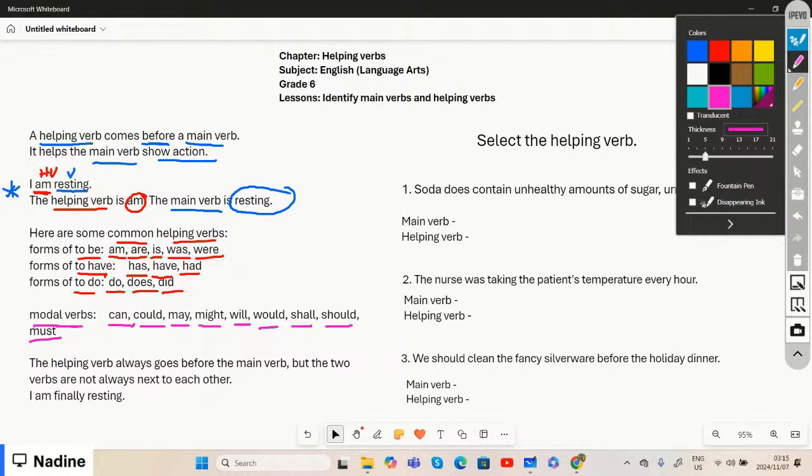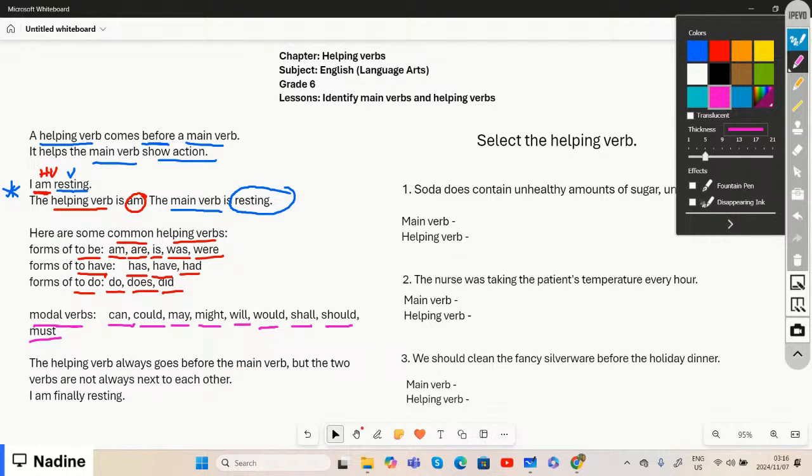They will come before our main verb: can dance, may have, might eat, will jump. These are words that will basically come before a main verb, and once again, it will help the main verb to show the action within a sentence.